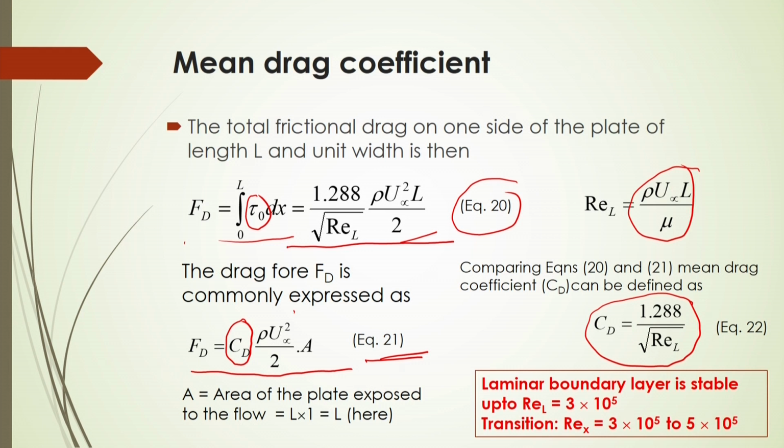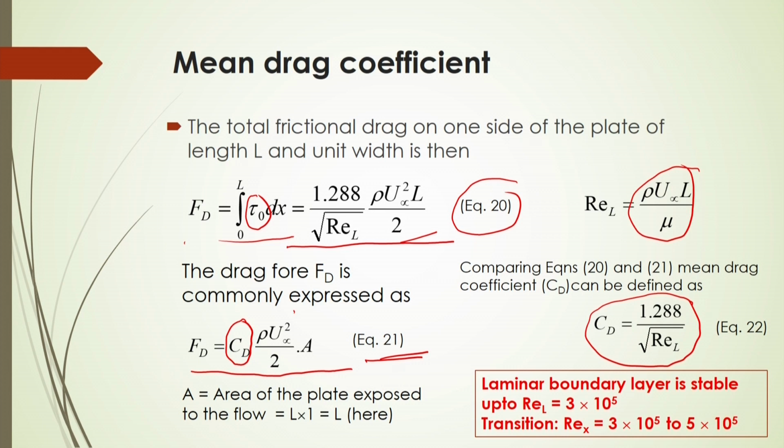Now, the laminar boundary layer is stable up to a Reynolds number of 3 into 10 to the power 5. You have to remember it. The transition, where the laminar boundary layer is converted to the turbulent boundary layer, occurs for Rex from 3 into 10 to the power 5 to 5 into 10 to the power 5, and the critical distance is where the Reynolds number equals 5 into 10 to the power 5.